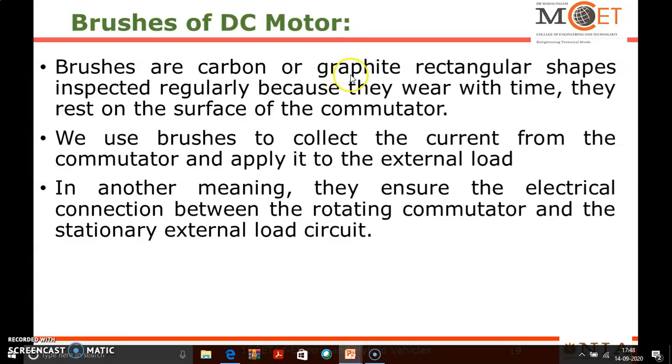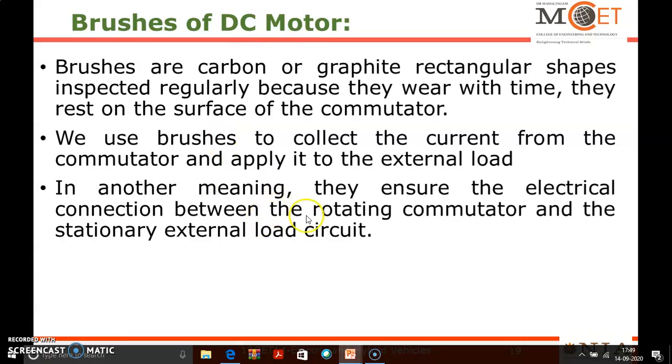These brushes are made up of carbon or graphite material and are rectangular in shape. We collect the current from these brushes via the commutator, and it is applied to the external load if it is a generator. In the case of a motor, we can supply the electric current via the brushes.